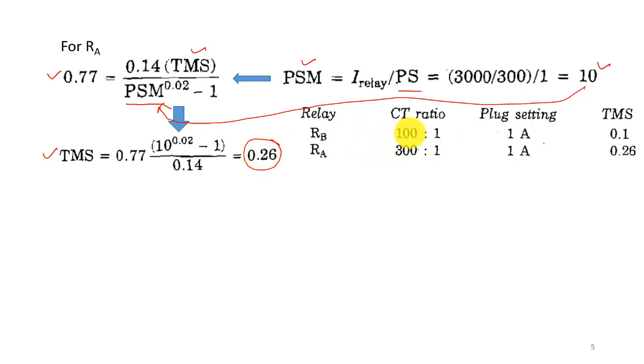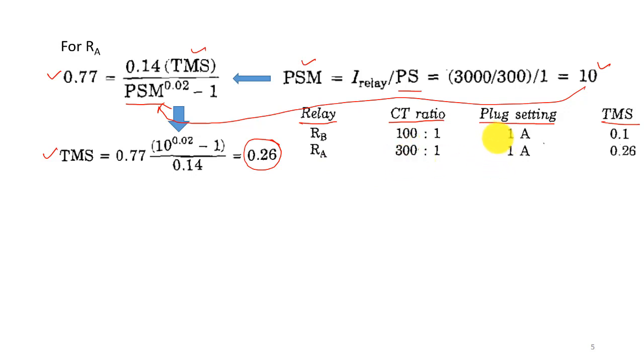So now our settings are ready for relay B and relay A. This is for your relay B, RB, and RA: the CT ratio, clock setting and TMS. We found the CT ratio for relay B is 100:1 and for relay A it is 300:1.